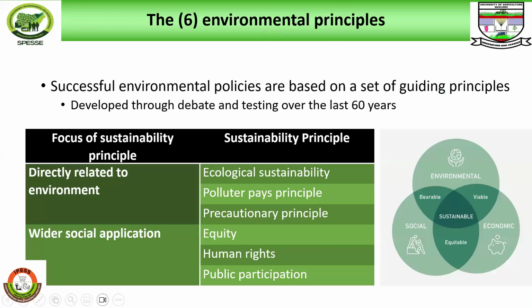So in terms of environmental principles, the 6 core environmental principles: ecological sustainability, polluter pays principle, meaning if you have an industry and you decide to have emissions that affect the environment, you are going to be paying for it. The typical one we talk about in Nigeria is the gas flaring by companies in the Niger Delta.